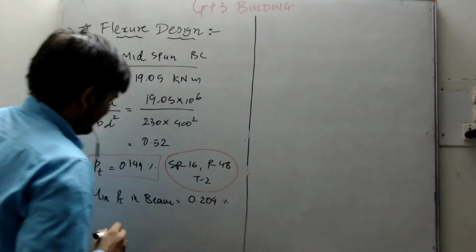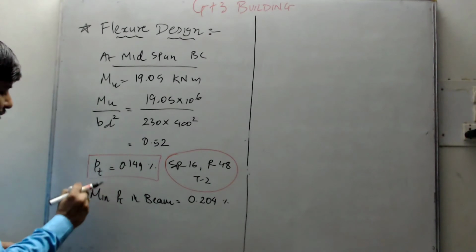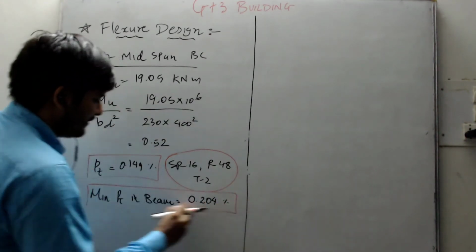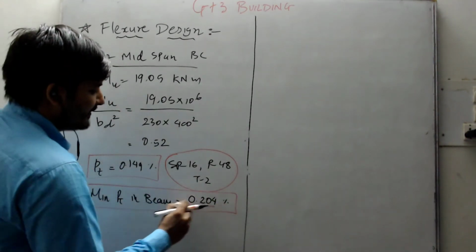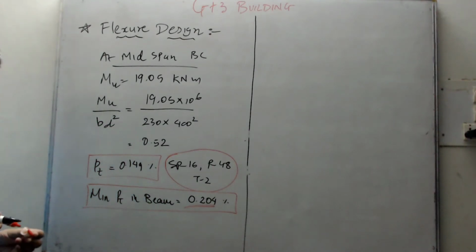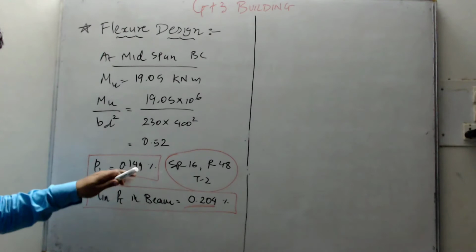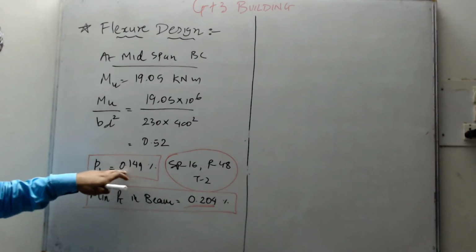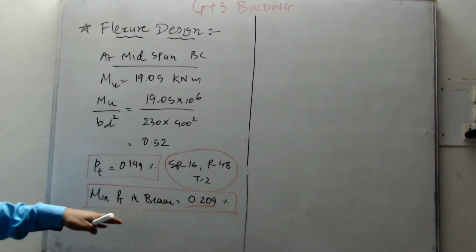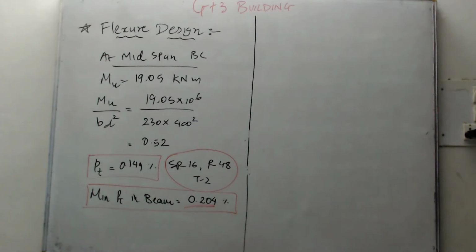This is minimum required. We cannot provide less than this value. We cannot provide less than 0.204 percentage in beam as a tension reinforcement. And if you check, the value 0.149 is less than minimum, right? So in this case, for Fe415 grade steel, minimum Pt is 0.204. This is given in IS 456 2000.